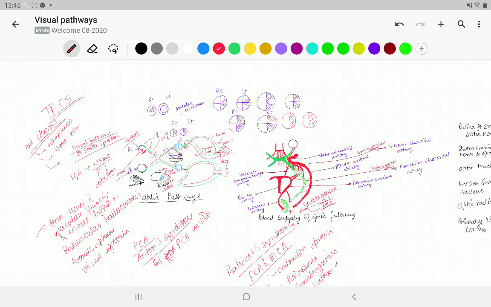If there is involvement of the lateral geniculate body, there will be homonymous sectoranopia, where one sector of the homonymous field will be affected, and it can be due to either anterior or posterior circulation. If the radiation is involved, there is usually quadrantanopia, either upper or lower quadrant, depending on whether the parietal or temporal lobe is affected. And finally, in the occipital lobe, we get homonymous hemianopia with macular sparing with intact light reflex.